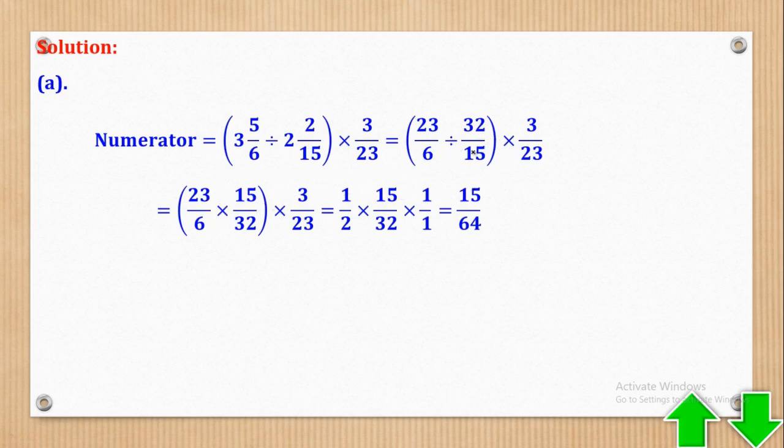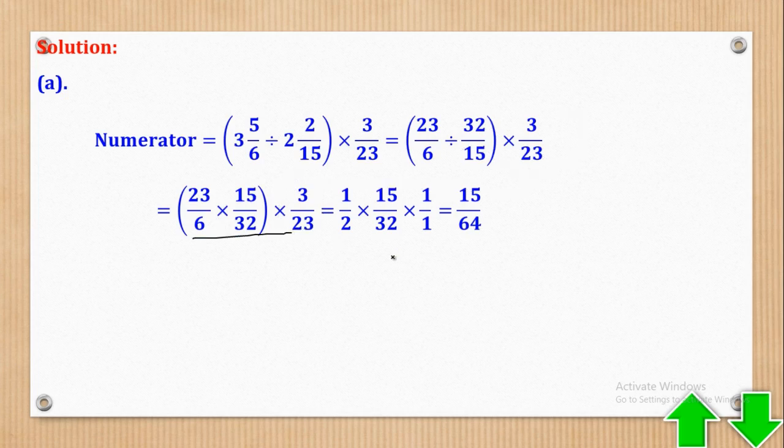Reciprocal means what was the denominator becomes numerator, and what was the numerator becomes denominator. For example, this was 32 over 15, meaning that its reciprocal will now be 15 over 32. So it's only after that that you can put a multiplication sign here. Then this one still remains untouched. We shall touch it later.